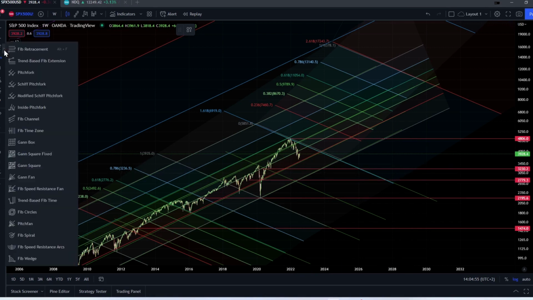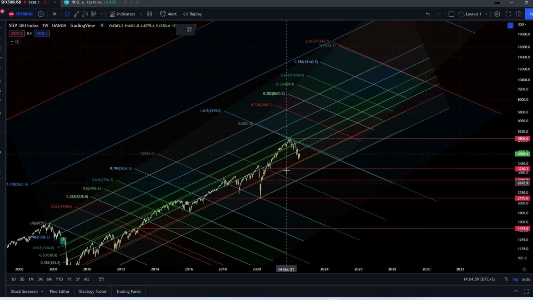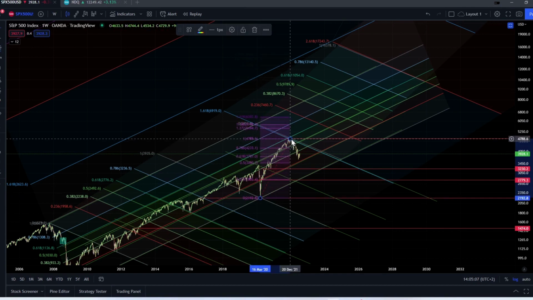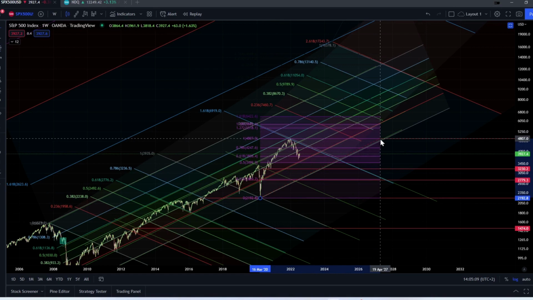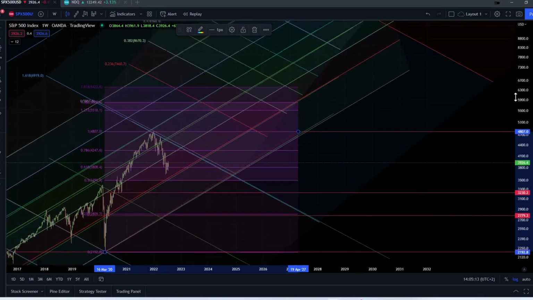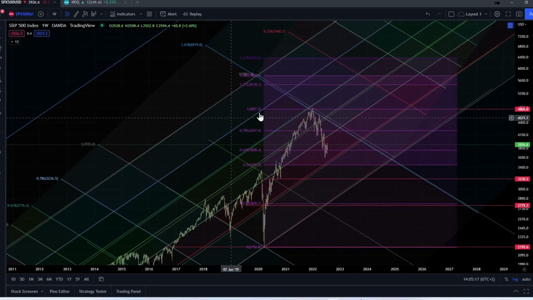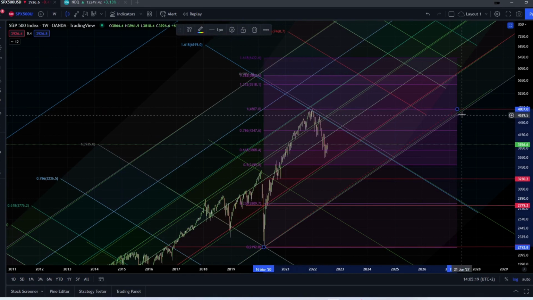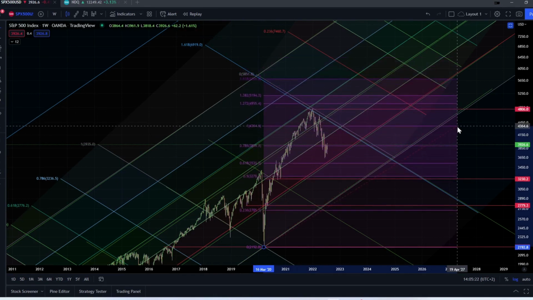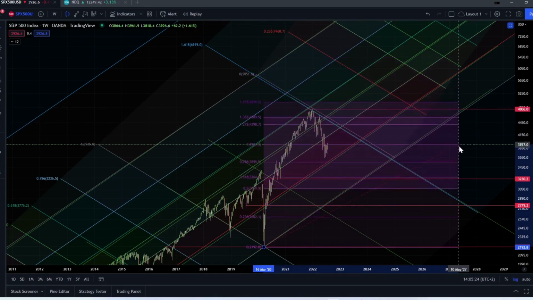Perhaps we want to do the same work with the Fibonacci scale and try to see if these horizontal levels fit, if we use in this case not the Fibonacci channel, but the regular retracement tool. And just let me zoom in here a little bit and see if this whole process fits within the scale, right?